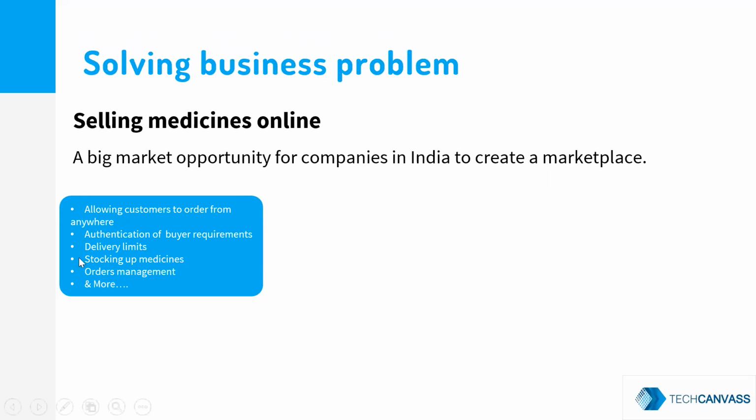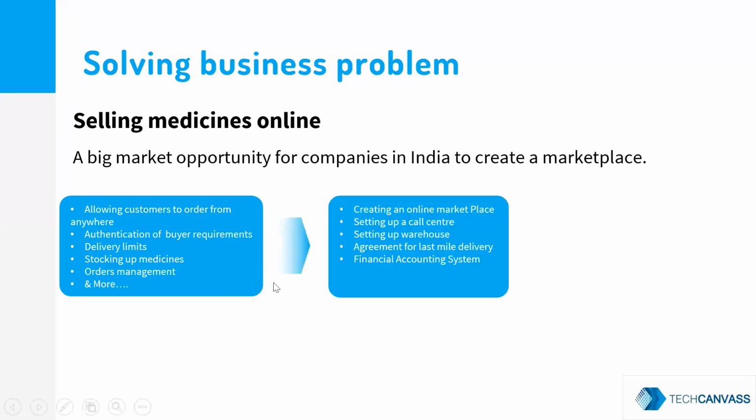What are the delivery limits? Can there be bulk order possible? How do you stock up medicine so that they can be delivered to the customer in the minimum possible time? Managing the orders and many other features which are required for selling the medicines online. So this is defining the problem as to what is to be done.